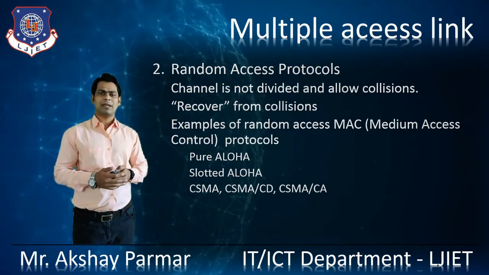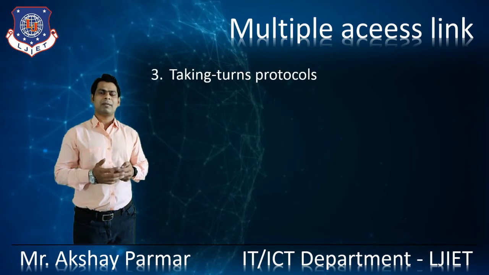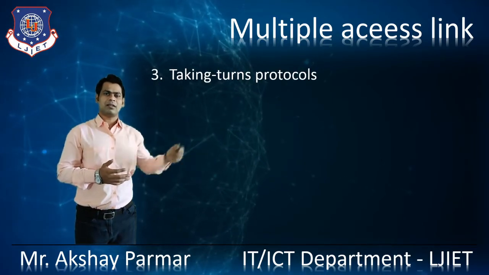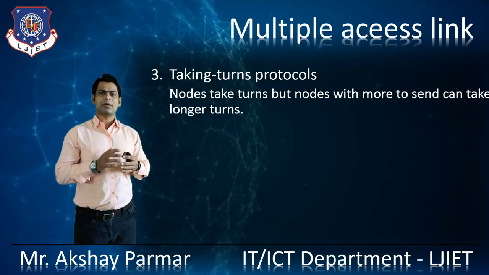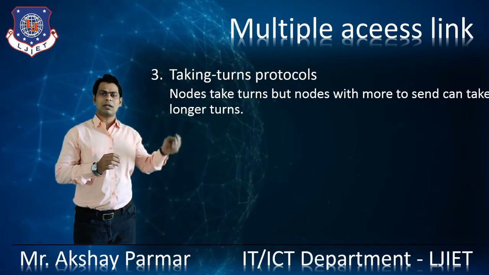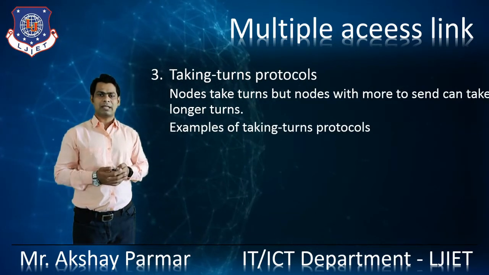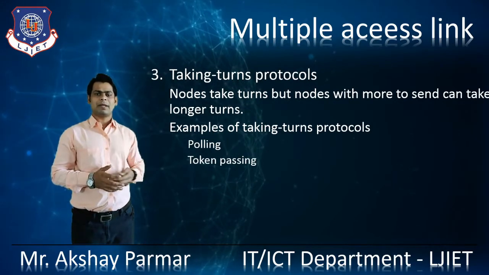The third category of the multiple access link is taking turns protocols. In that, nodes take turns, but nodes with more to send can take longer turns. Examples of taking turns protocols are polling and token passing.